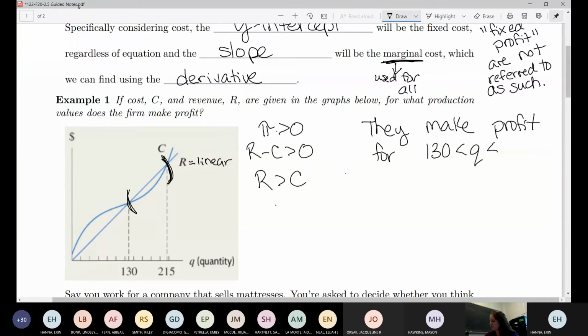So my Q values are between 130 and 215. Now notice that I don't include 130 and 215, and that's because at those 2 points I would essentially have 0 profit, so they'd be break-even points. And I don't want 0 profit, I want actual positive profit, so I want to make sure that I'm not including those 2 numbers in my answer.